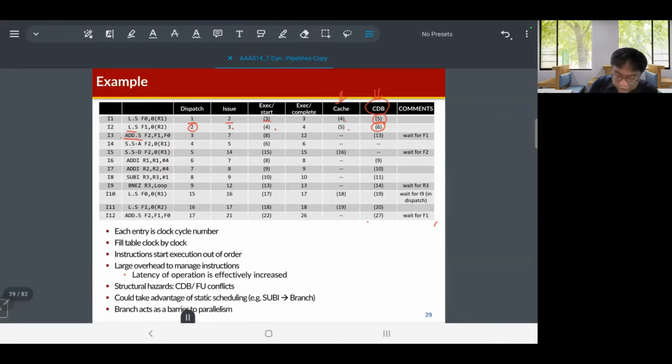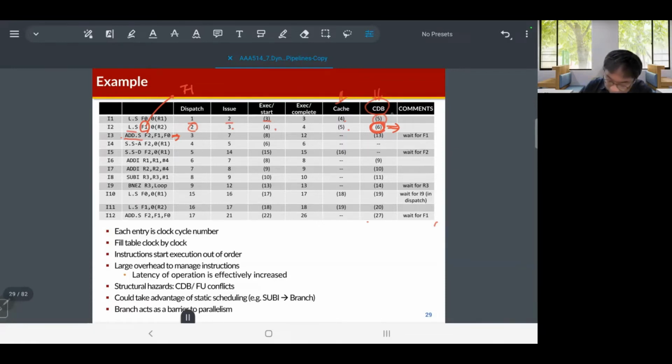In order to execute this add instruction, the data should be ready, when this data F1 is ready. The data is read from the data cache, and then it is delivered on the common data bus.